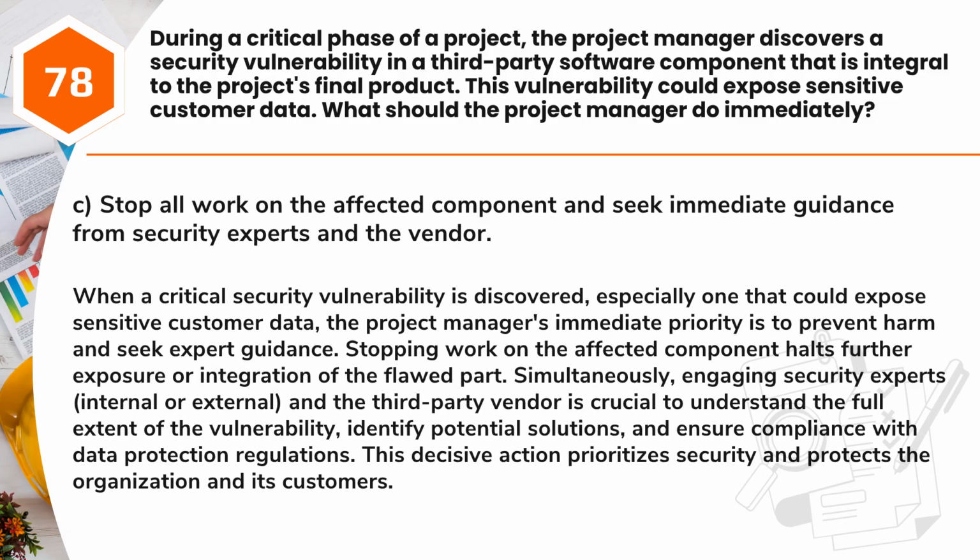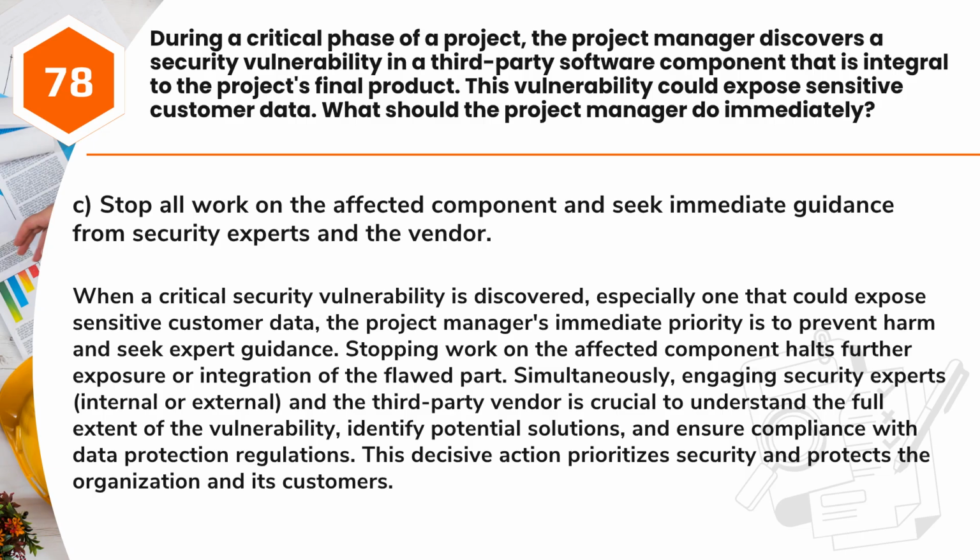Answer: C. Stop all work on the affected component and seek immediate guidance from security experts and the vendor. When a critical security vulnerability is discovered, especially one that could expose sensitive customer data, the project manager's immediate priority is to prevent harm and seek expert guidance. Stopping work on the affected component halts further exposure or integration of the flawed part.